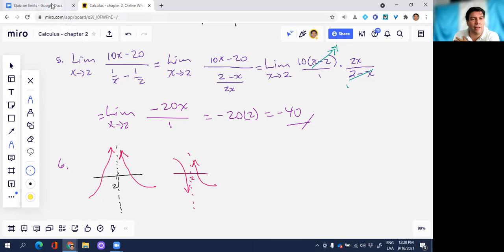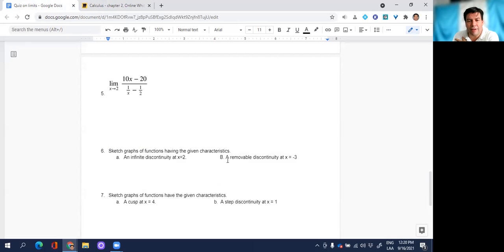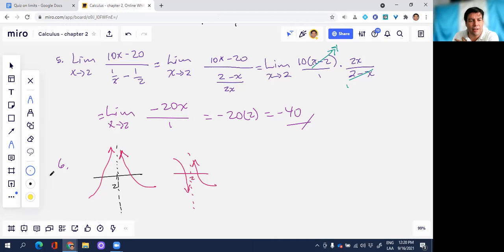All right, part B, a removable discontinuity at -3. Okay, so because it is removable, I'm just going to draw it. We needed it to have like a hole, and the -3 happens to be here.